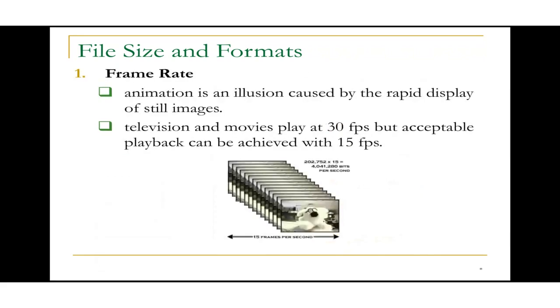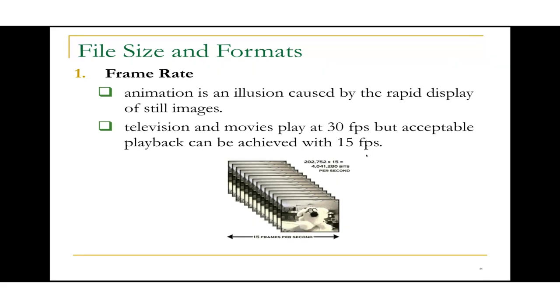Okay, so the frame rate is the number of images that are going across our eyes at the screen within a second. So we talk about frames per second. Now, television and movies play at 30 frames per second, but acceptable playback can be achieved even with 15 frames per second.